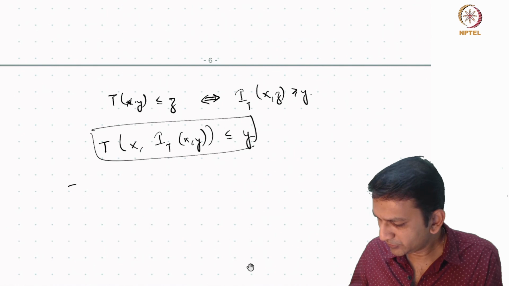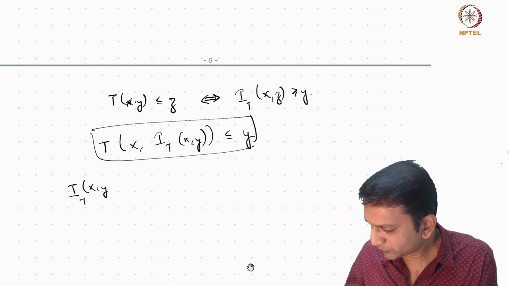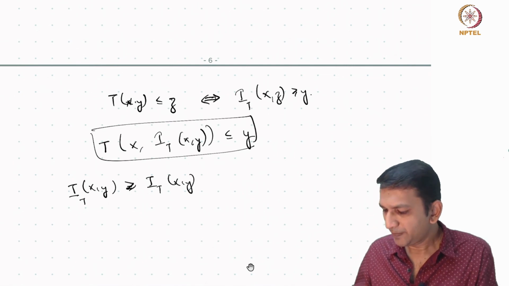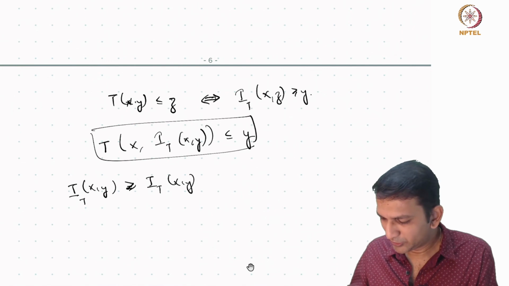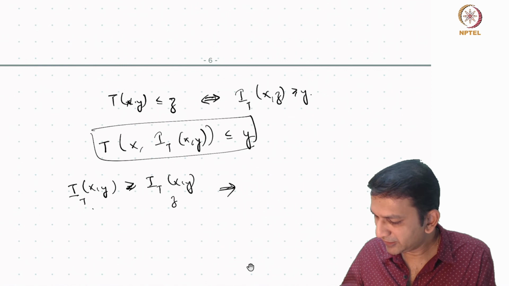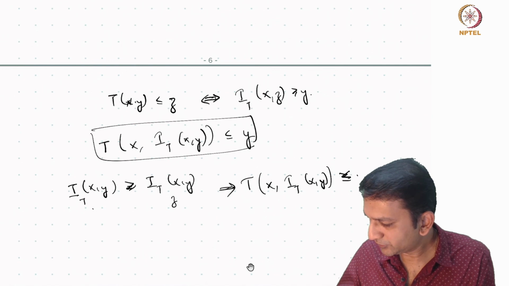So let's assume that for some x, y, IT of x, y is in fact equal to IT of x, y. This is clear. We can also rewrite this as greater than or equal to. So now look at this as x, y and this as the z, which immediately implies T of x comma IT of x, y is less than or equal to z.